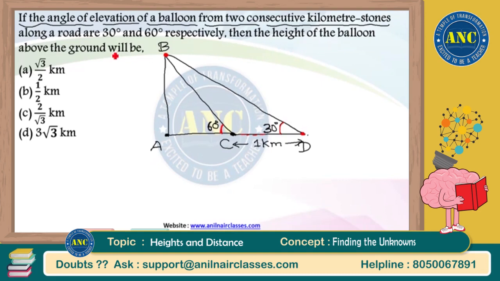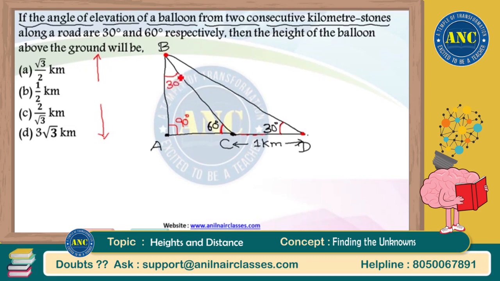Then the height of the balloon above the ground will be, in simple language, the AB value they are asking. Find the value of AB is what they are asking in the question. Now again the same logic, same analogy I will use. If I take this smaller triangle ABC, in smaller triangle ABC, angle A is 90 degrees, angle C is 60, so angle B should be the remaining 30 degrees.